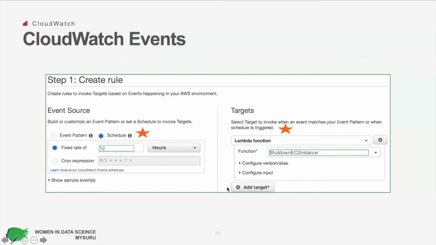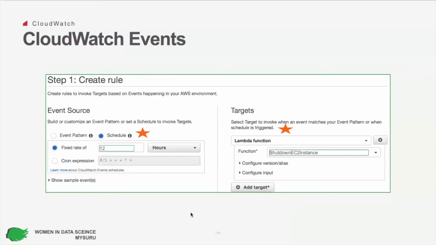Based on the tag, if you have set auto-off equal to true, the respective time zone's EC2 instances or non-production workloads can be turned off. This is one of the simplest examples, but very effective in terms of usage of CloudWatch events.